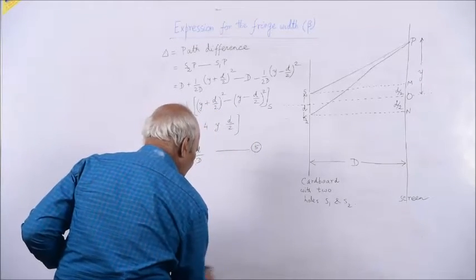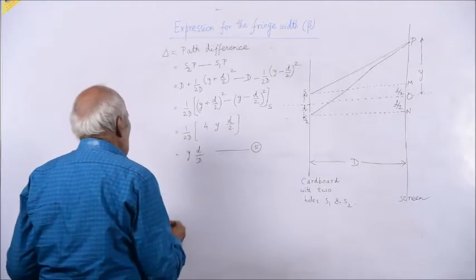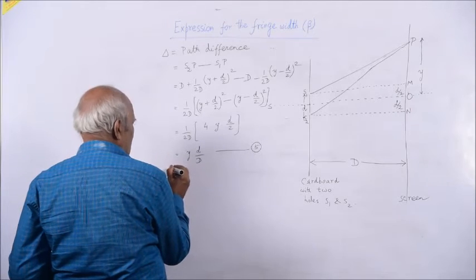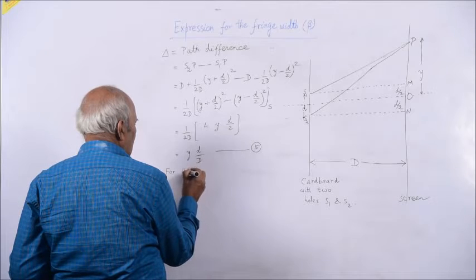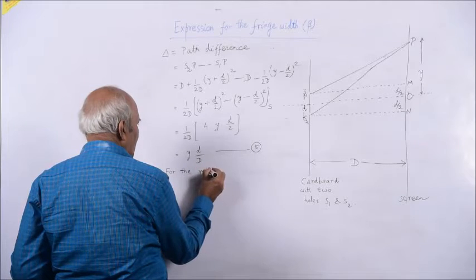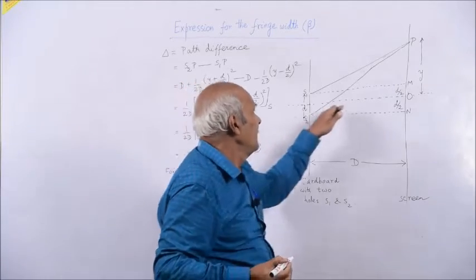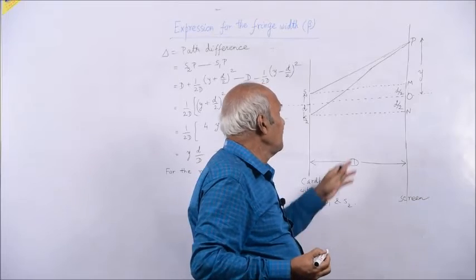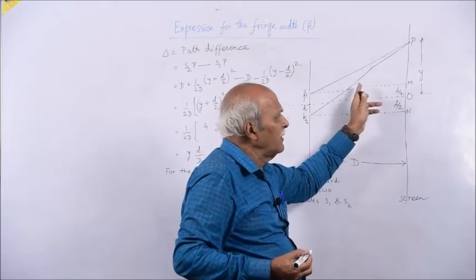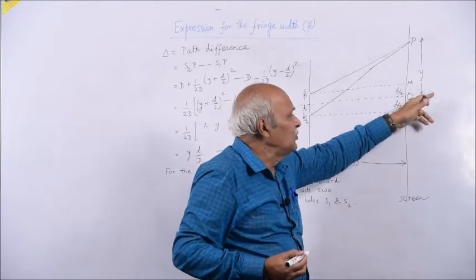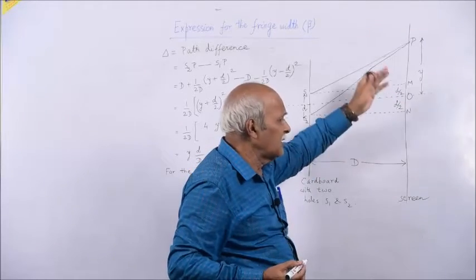So, here for the nth bright spot, because many bright spots are there, we will label them. At O, S1O is equal to S2O, so the path difference is 0. So, there is a 0th bright spot. Then on either side there will be the first bright spot, then the second bright spot, like that.